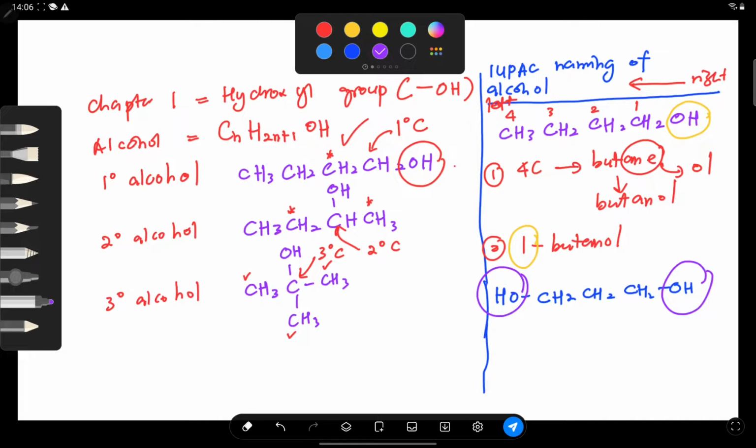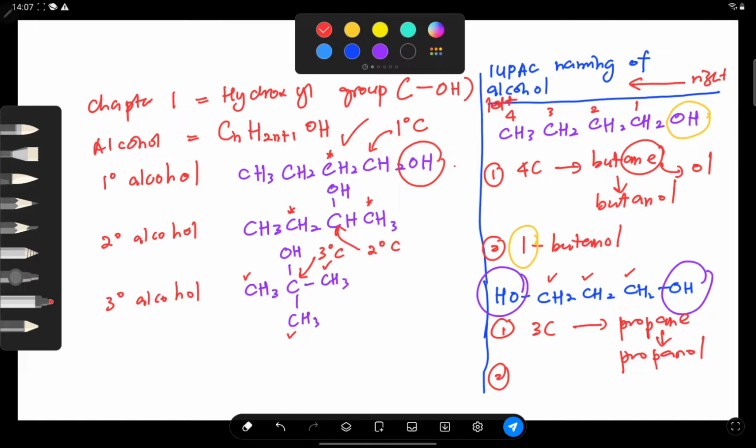Always remember, find the longest carbon chain that contains the hydroxyl group. So how many carbons are in the structure? 1, 2, 3. So 3 carbons is propane. When it is in alcohol, it will become propanol.